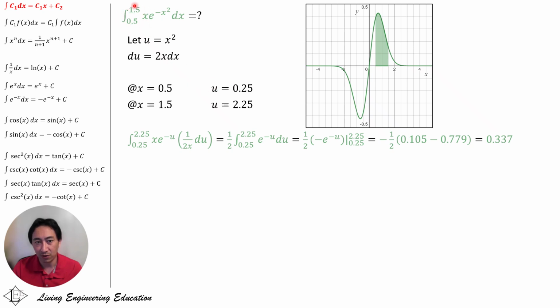So instead of x equals 0.5 and x equals 1.5, we use u equals 0.25 and u equals 2.25. That's what these limits are here. So we can cancel out this x term and write this as 1/2 integral from 0.25 to 2.25 of the function e to the negative u, right? Just this term right here.